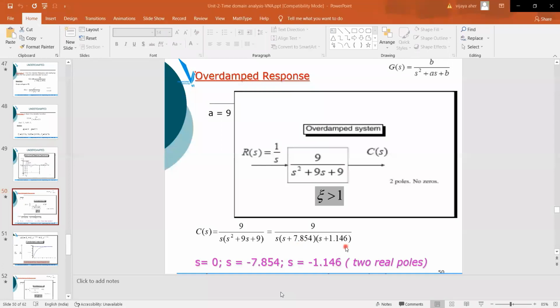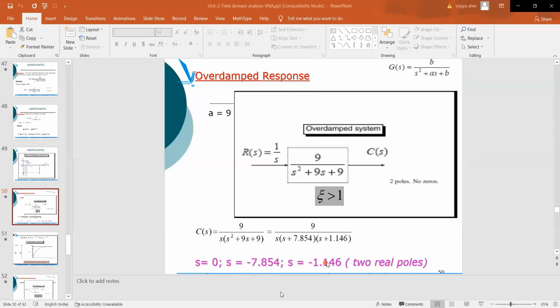These two are the poles of your characteristic equation, along with S equal to 0. So these are two real poles and one at 0. Two poles, no zeros.